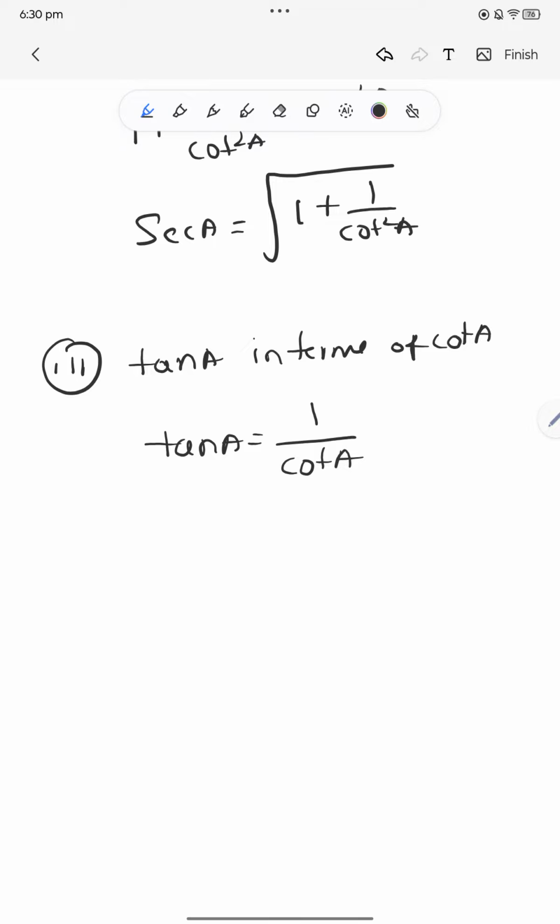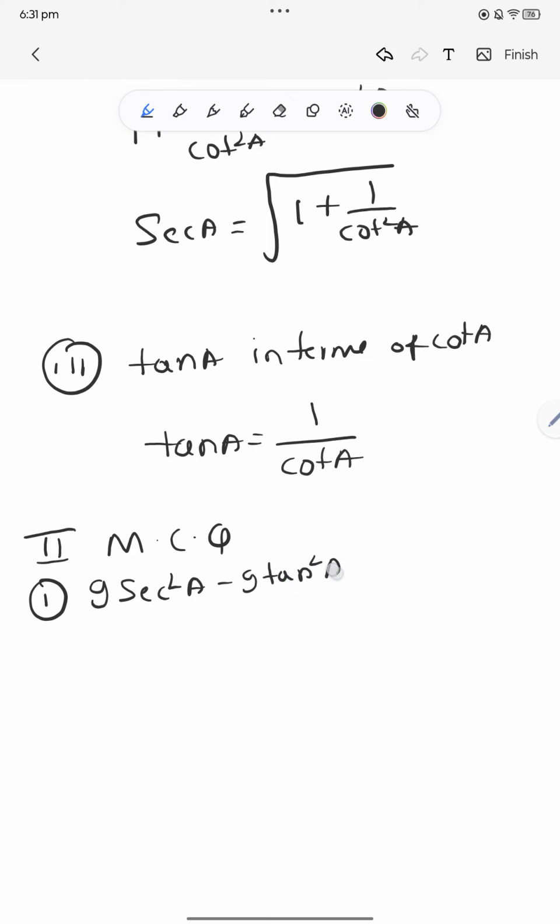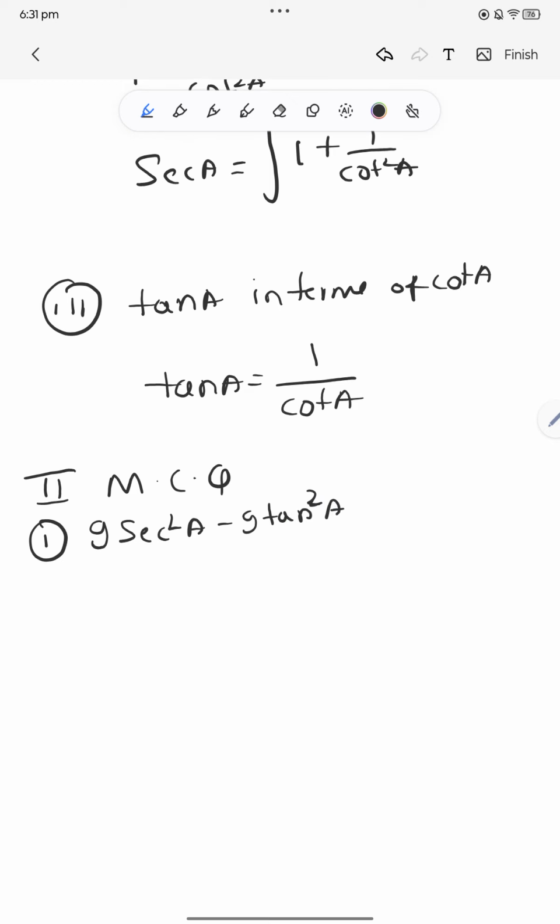So let's solve the second type of question, the MCQ type. Nine secant square A minus 9 tan square A. Here options are A is equal to 1, B is equal to 9, C is equal to 8, D is equal to 0.